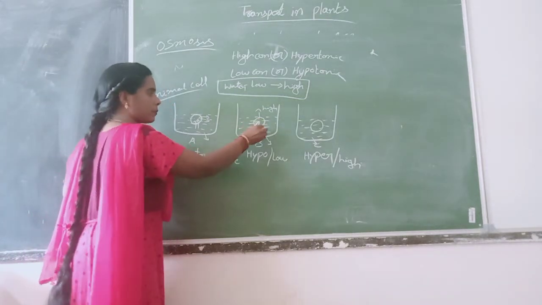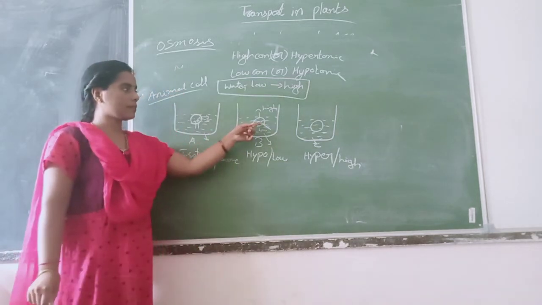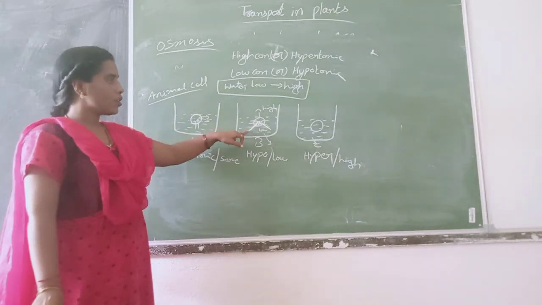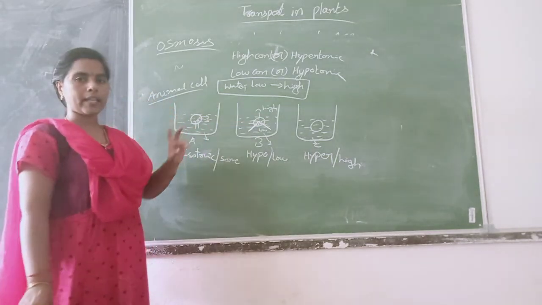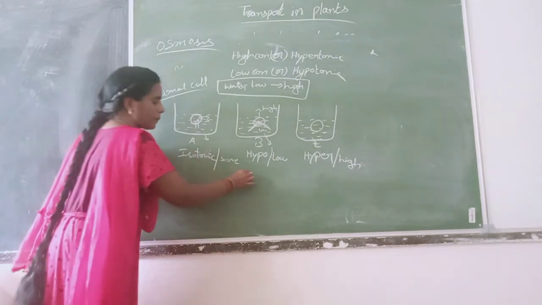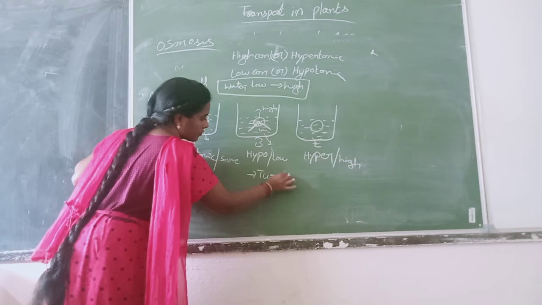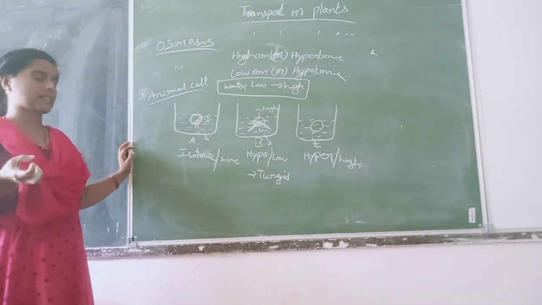Water molecules move into the animal cell because the animal cell has high concentration. Because of the entry of water molecules into the animal cell, the cell will be turgid, or swells, or increases in size.